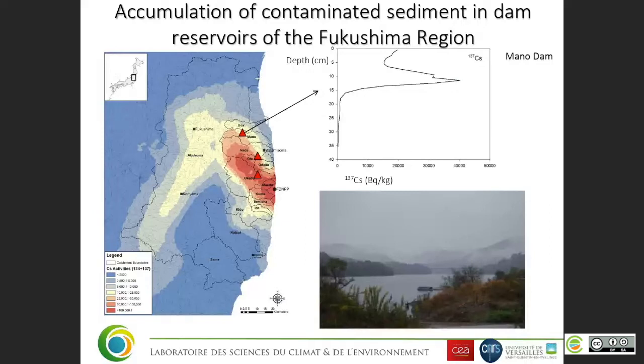So we've been interested in what happens in these dam reservoirs, and if you collect the sediment core, you can find the peak of cesium related to the accident, and then investigate what happens in the landscape in terms of erosion.